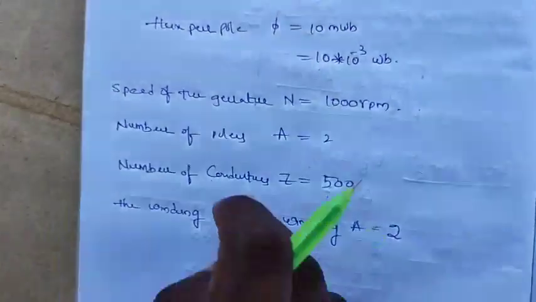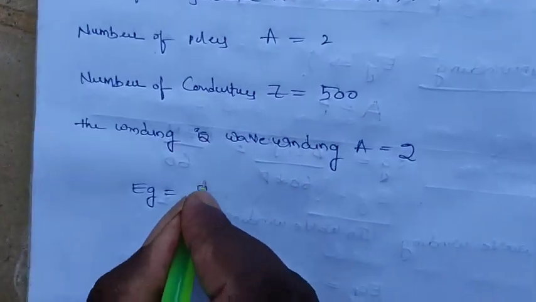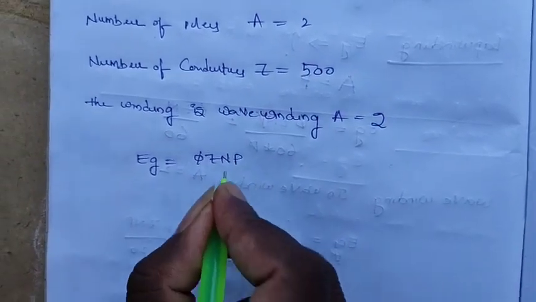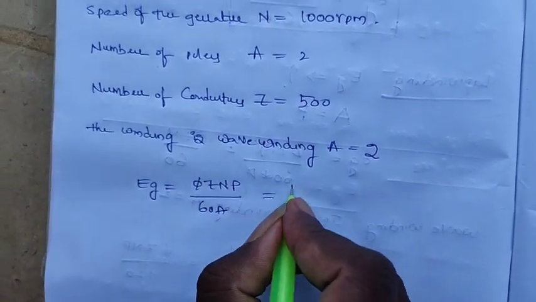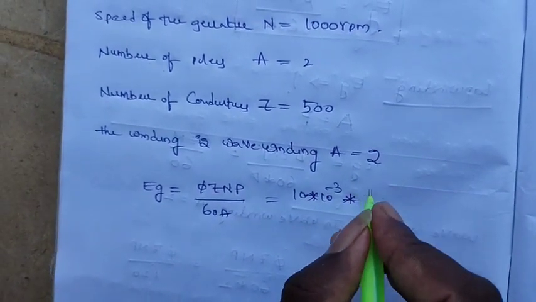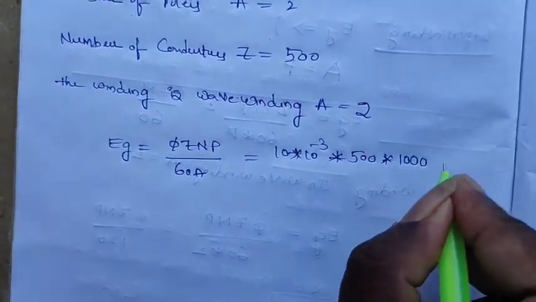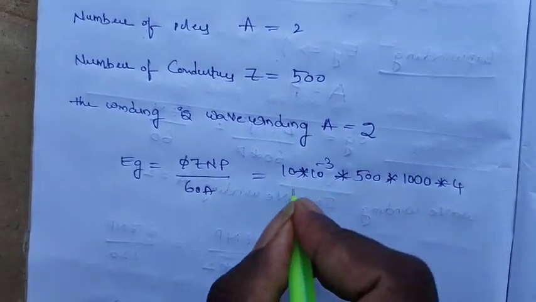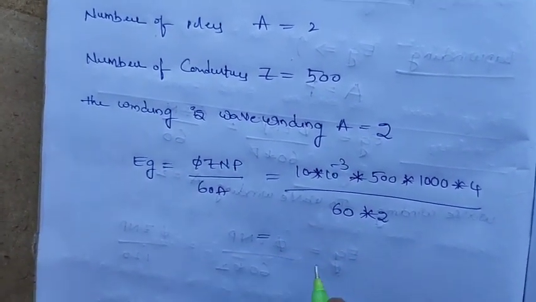Substitute these values in this equation. We can get the induced EMF, that is Eg = φZNP/60A. The flux φ is 10 milliwebers, Z is 500, the speed of the machine is 1000, and the number of poles is 4, divided by 60, and A equals 2 because it is wave winding.